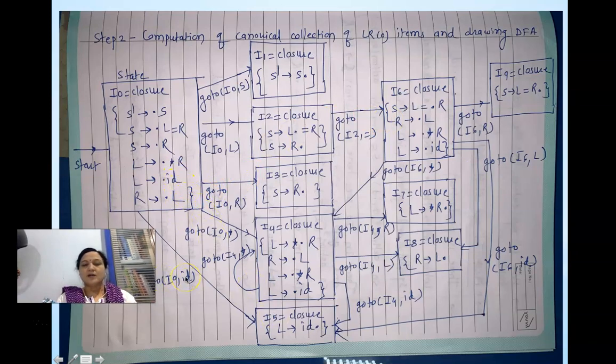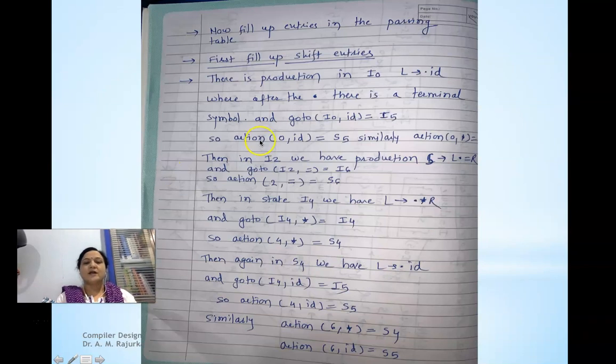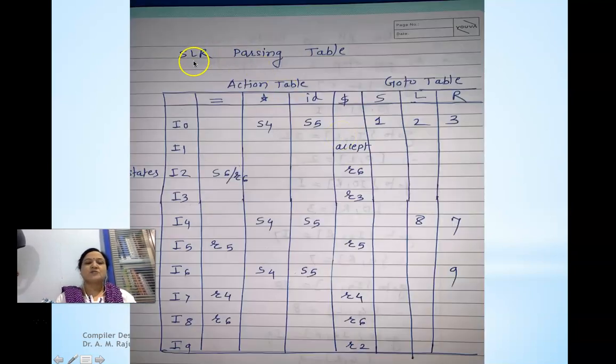Go to I0 comma ID. So fill up the entry action 0 comma ID. 0 is I0, ID is the terminal symbol on which we are having a transition in the DFA, and the destination state where we are going is state 5. So the action is shift 5. So I0 comma ID is S5.